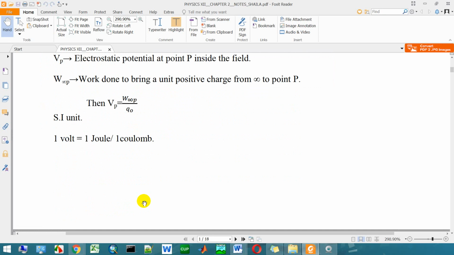The SI unit of electrostatic potential is joule per coulomb. This is a very important formula which you have to remember the moment we talk about electrostatic potential.